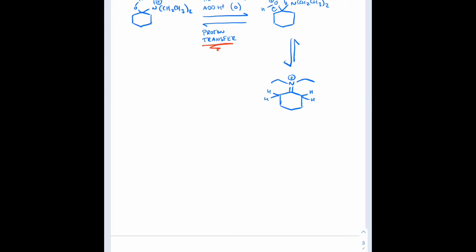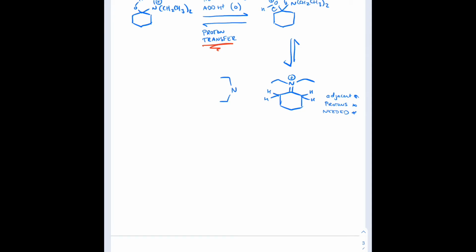And so we do have these adjacent hydrogens, however. And these adjacent protons are actually needed in order to form the addition product with a secondary amine. The reason why is because these protons are actually very acidic, being next to an iminium ion.